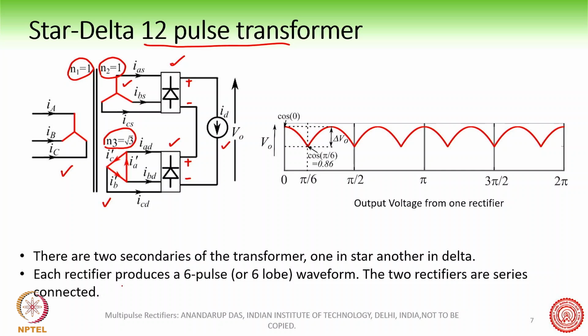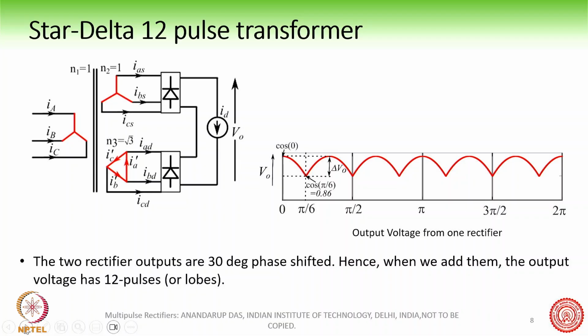Now, each rectifier is going to produce a 6 pulse or 6 lobe wave. So for example, if you see the output of, say, V01 and V02, you will see that this V01 is something like this. This is the waveform which we saw a few slides back, that the output of one rectifier is a 6 pulse waveform, right?